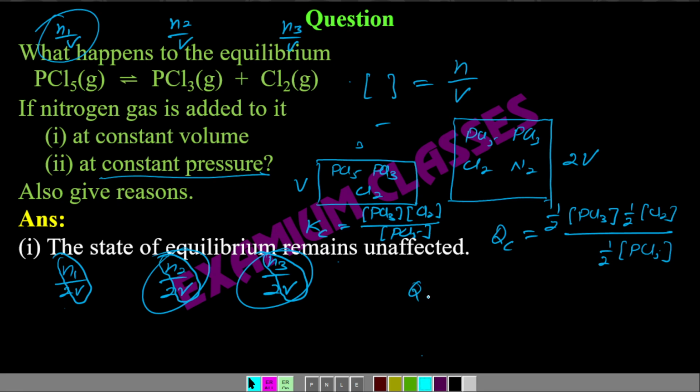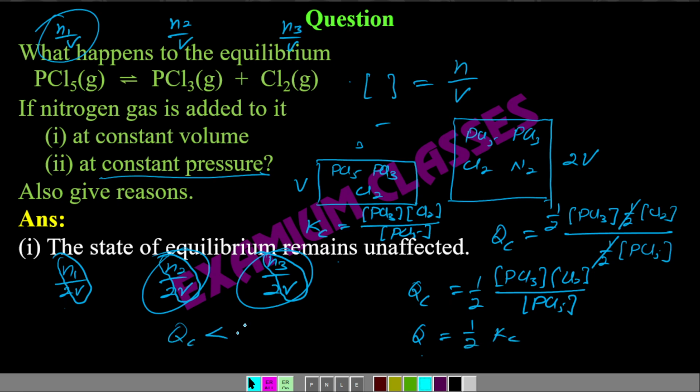So QC will actually be equal to this half, and this half got cancelled. It will be half of PCl3 concentration times Cl2 concentration over PCl5 concentration. This means QC is half of Kc. It means QC is less than Kc.